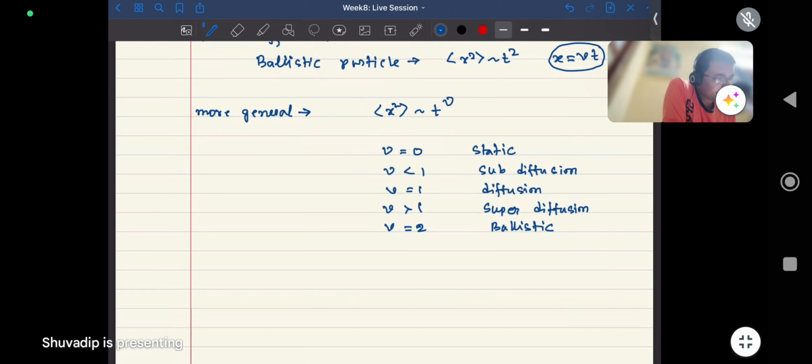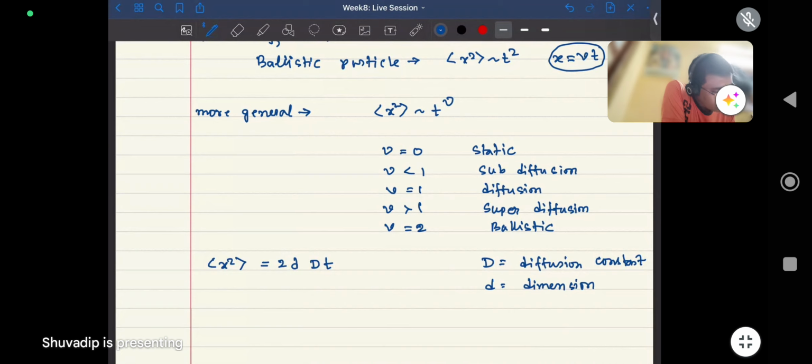So in our question, for a diffusive particle, it is no doubt that x square goes like t. Now we have to find out the constant in front of this. It appears that x square average is given by the relation 2dDt, where the capital D here is the diffusion constant, and the small d is the dimension. So indeed x square average is 6Dt in 3D.